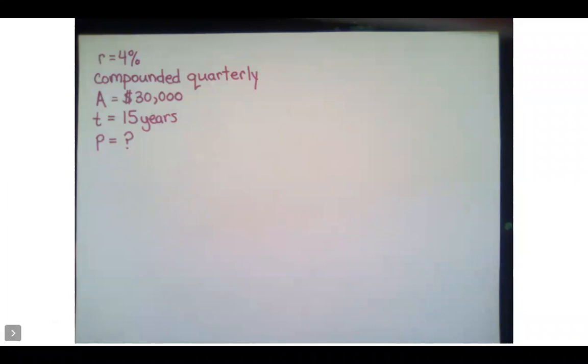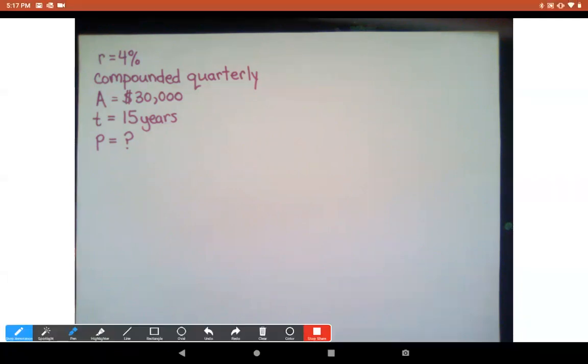In this problem, we'll find P. So if we know we want to have $30,000 in the bank in 15 years, planning for our retirement maybe, and we found this account that pays 4% and compounds quarterly, then how much should we put in the account?